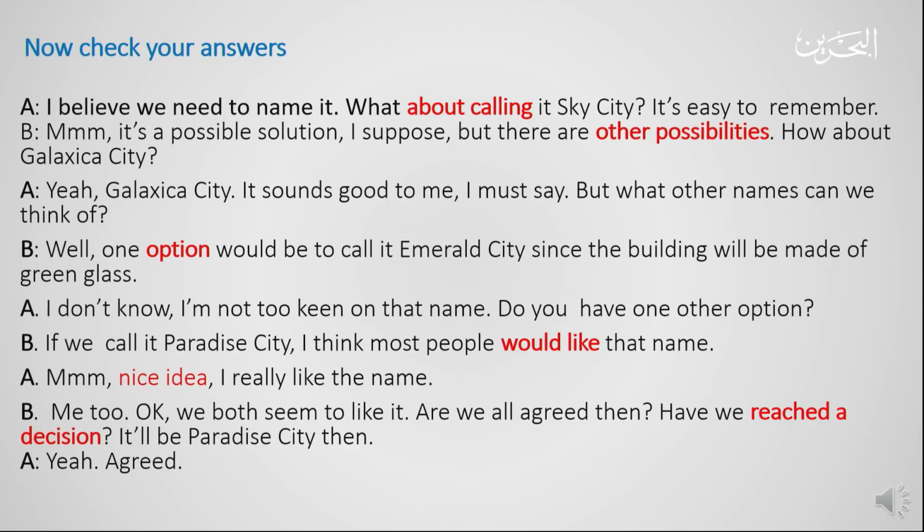A. Nice idea. I really like the name. So nice idea, it means we agree with the idea. B. Me too. Okay. We both seem to like it. Are we all agreed then? Have we reached a decision? It will be Paradise City then. A. Yeah, agreed.